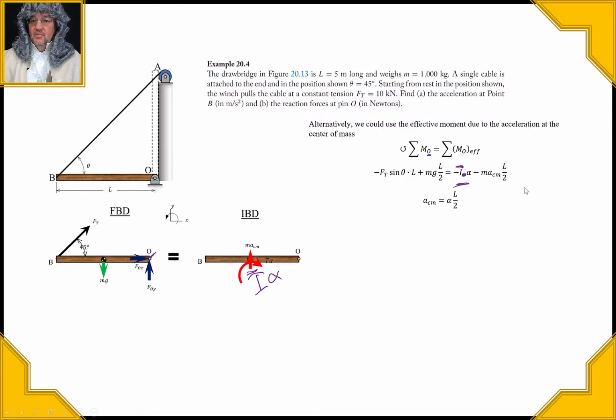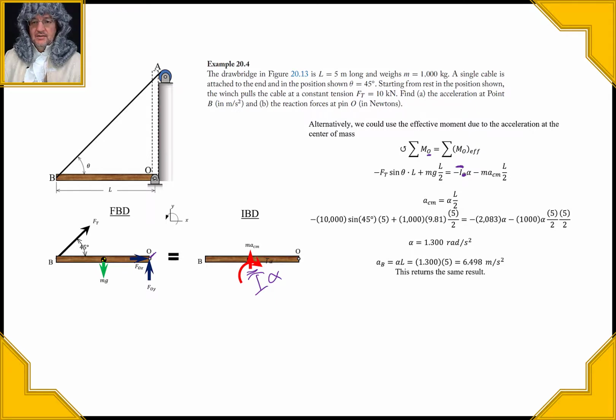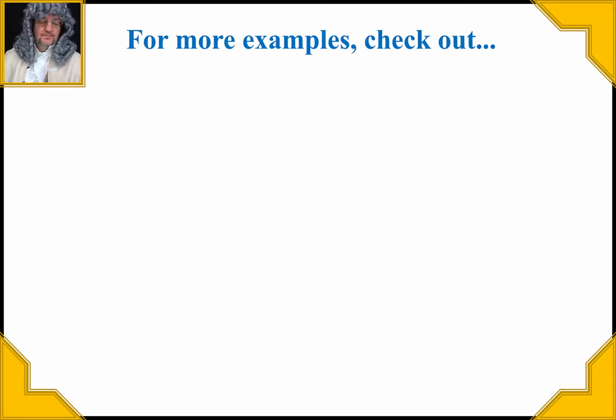But we can go ahead and substitute that the acceleration at the center of mass is alpha L over 2. And by substituting that in and then plugging in all the values that we know, we get the same angular acceleration, and we'll get the acceleration at B like we were asking for. So that's the same result.